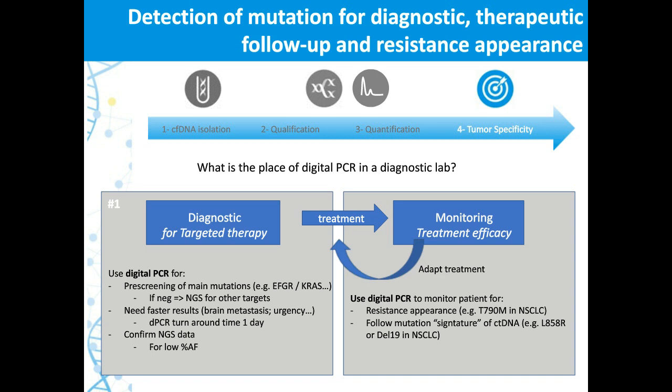You will use digital PCR to monitor your patients for the appearance of resistance, for example, if we look for the T790M in non-small cell lung cancer, or if you want to follow a mutation in your circulating tumoral DNA, for example, the L858R in non-small cell lung cancer, just to make sure that this mutation decreases over time, meaning that your treatment works.